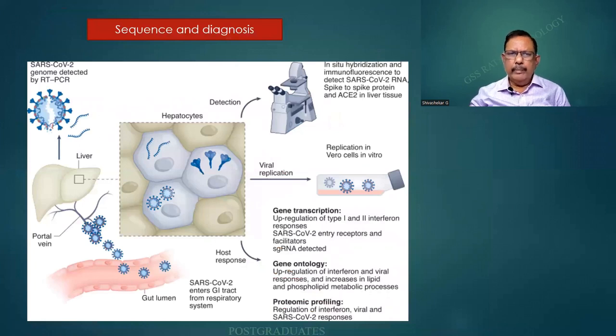For example, in this one. So this is a virus. The spikes are seen over here, and this is called a virion, a viral particle, which infects the hepatocytes. Also, it can be coming to the liver by means of the GIT and the other regions that I had shown.